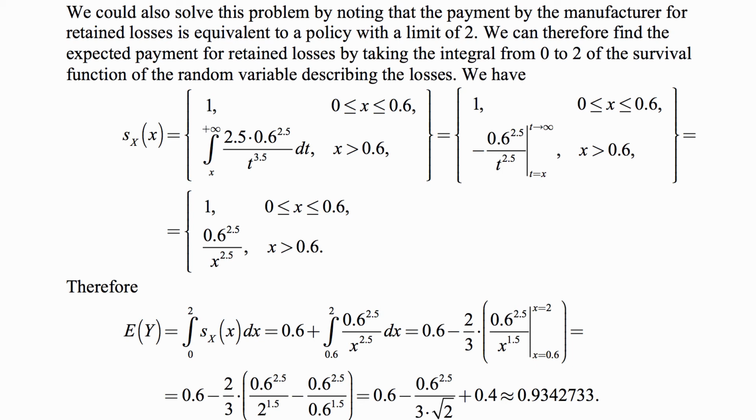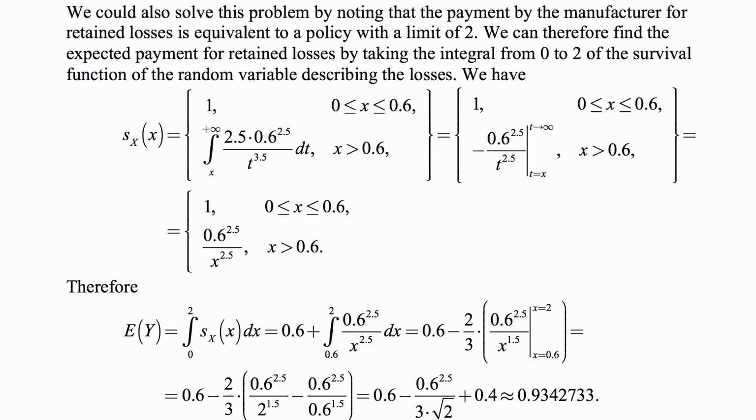And I just separated the negative 2/3 because 1 over 1.5 is 1 over 3/2, so it's 2/3. We evaluated from 0.6 to 2, and so this becomes 0.6 minus 2/3 times 0.6 to the 2.5 over 2 to the 1.5 minus 0.6 to the 2.5 over 0.6 to the 1.5.